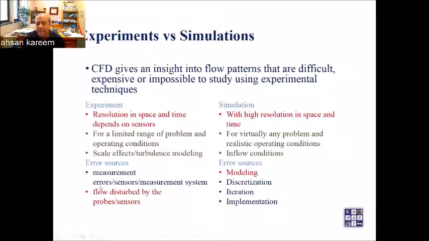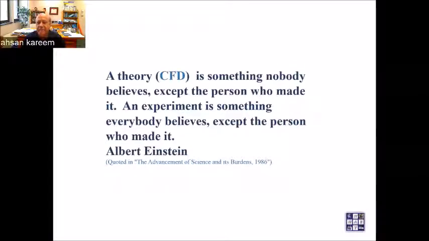And of course, there are errors in the sensors and the measurement system. Similarly, simulation is not deprived of these errors. We have modeling errors, that's the biggest one: the model we use, how we discretize, the iterations we use and how we implement a particular scheme. Here's a very good saying by Einstein.